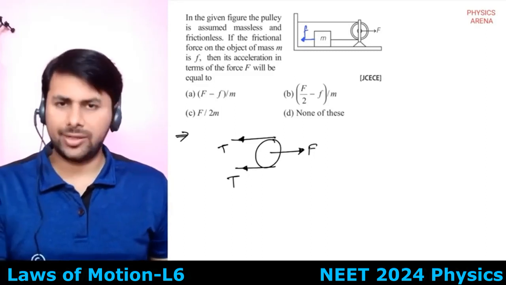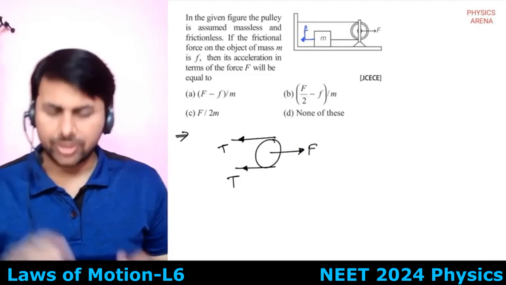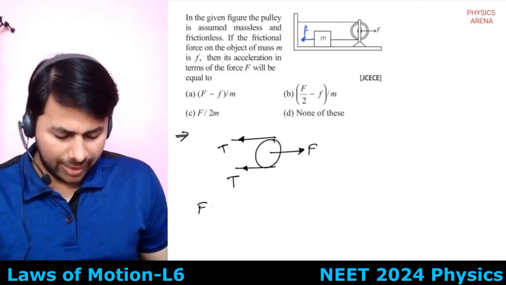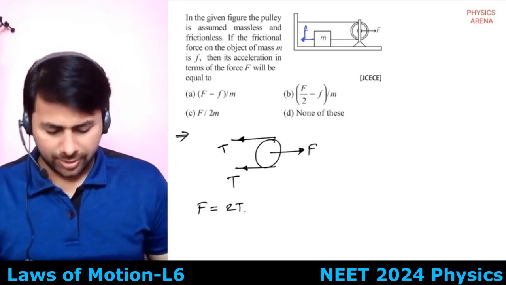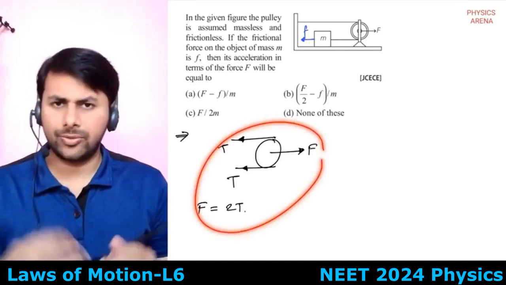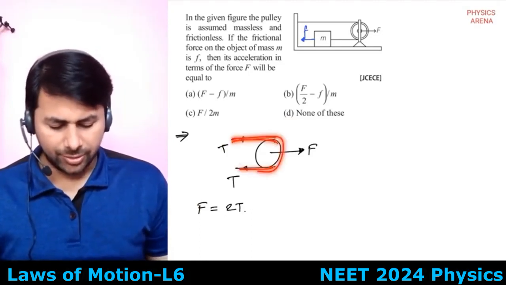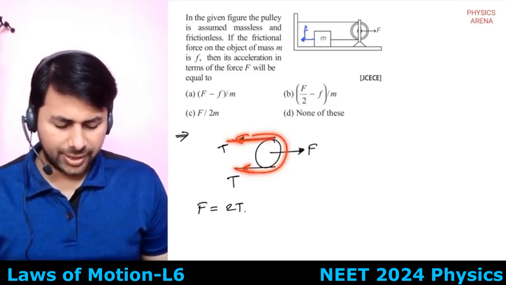Okay, you have a pulley. Then this F will be equal to 2T, right? Because the pulley is massless. I will explain that. So F will be equal to 2T. Why so? In exam, you will just write F equals 2T, right? There are two strings, actually one string only, but there is tension in the string.